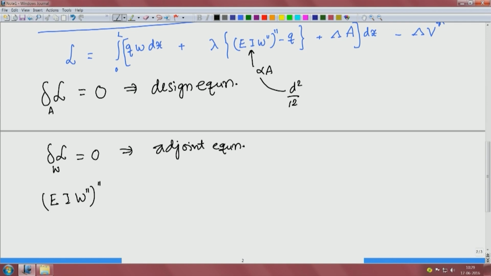Otherwise, when we take variation with respect to A, we wonder what I is again, that is now alpha A. So, I can also replace this, calling it alpha A w double prime minus q equal to 0, that is our equilibrium equation.